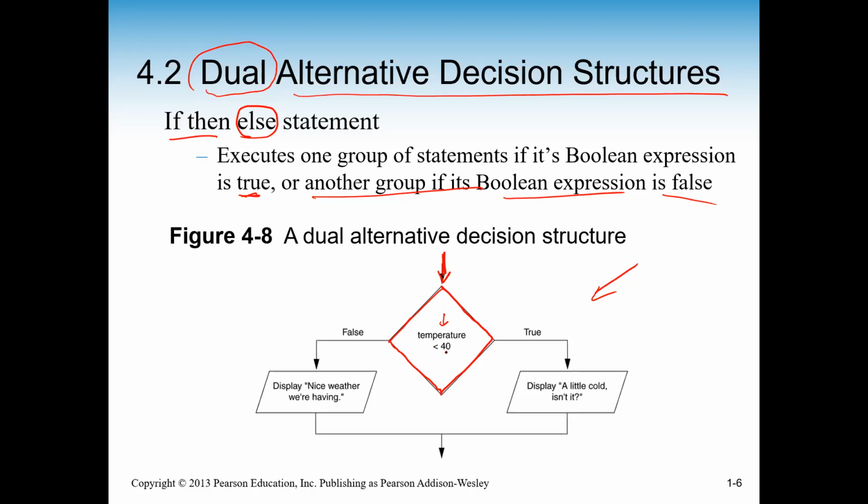This is a little odd because we're used to less than being to the left, greater than being to the right, but don't pay attention to that. Instead, just think of if temperature less than 40. How do you measure that? Let's just have a value, 78. That's a nice warm weather there.